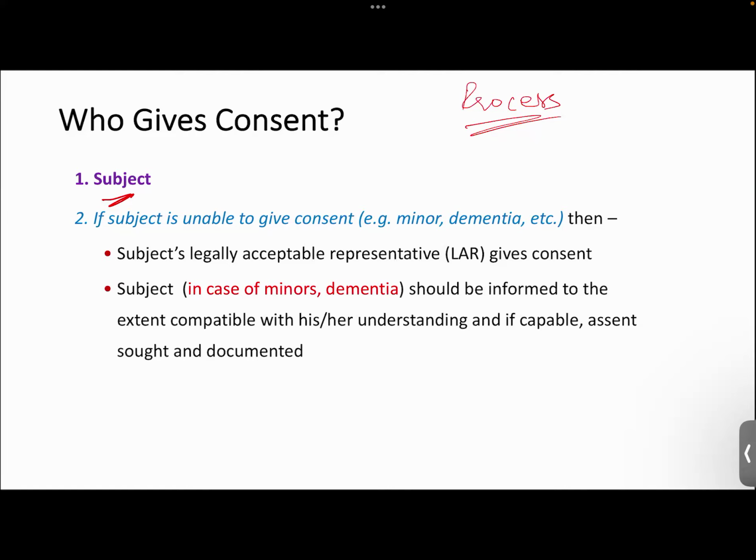Now, if the subject is unable, maybe a minor less than 18, or maybe not in his or her full senses, then a legally acceptable representative can give the consent. In case of a minor, or dementia, or other mental conditions, the subject should be informed to the extent they are able to understand.